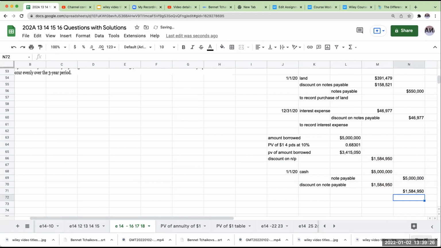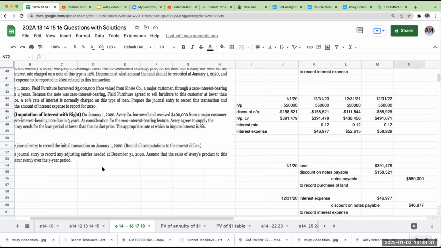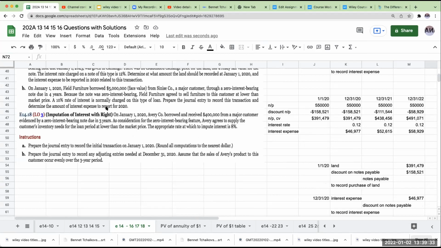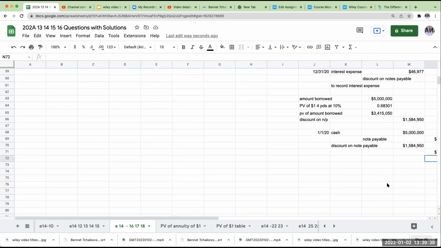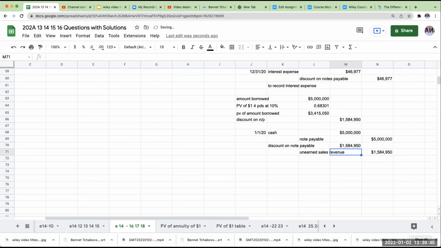Now, what's interesting is that they're putting this into, and if you think about it, it may make a little bit of sense, but they're calling this unearned sales revenue. Okay, so that's what they're putting this, because this is really what it is: I'm selling items below cost. So it's unearned sales revenue.